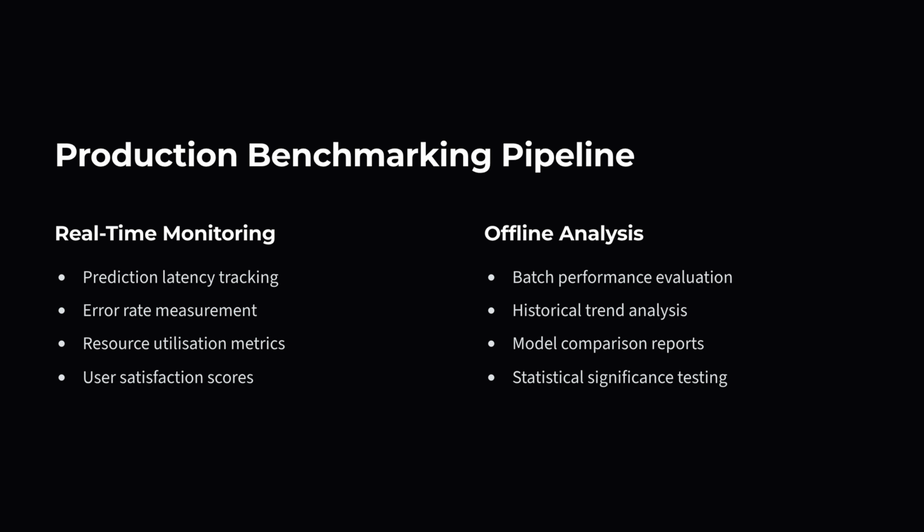The second speed is offline analysis, the quiet workshop where you study logs in batches and compare model versions over weeks. Here you look for long-term trends, performance regressions, or subtle improvements confirmed by significance tests. Big companies like LinkedIn and Netflix rely heavily on this pattern to keep ranking systems stable.